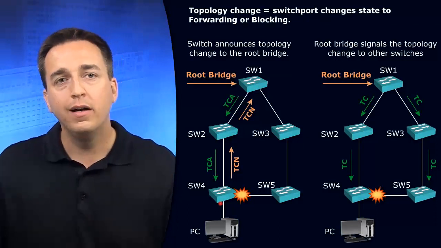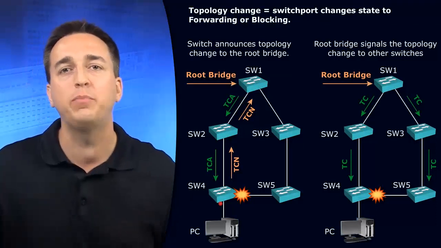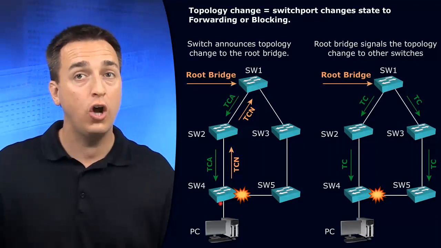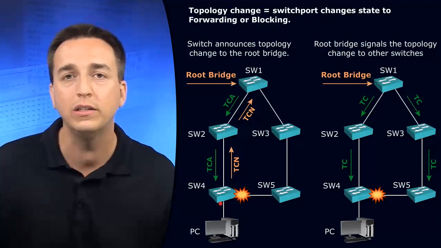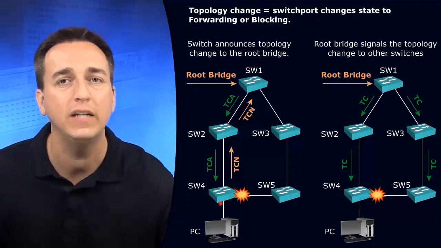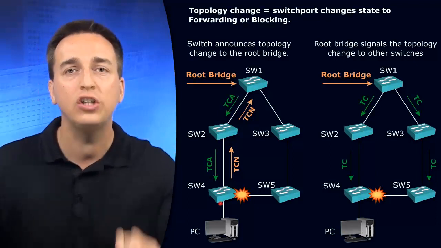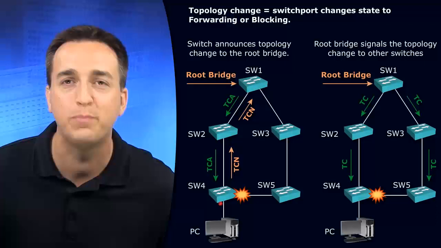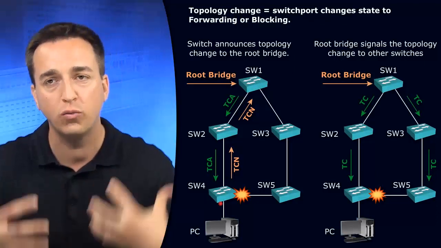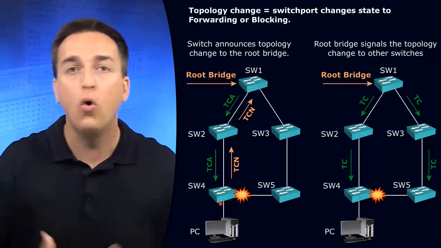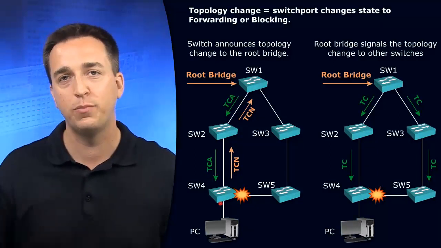However, is it necessary to send that topology change notification? The answer is no. It's not necessary, because it's insignificant. It doesn't change the overall structure of the spanning tree topology that is currently built. The only way the structure would change is if another switch or bridge is added to the topology.